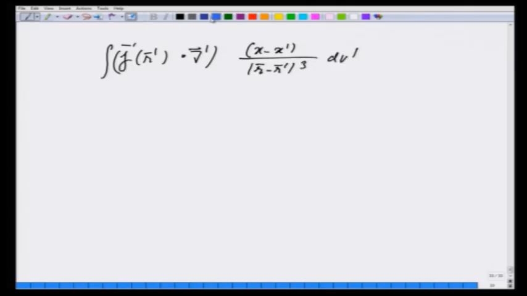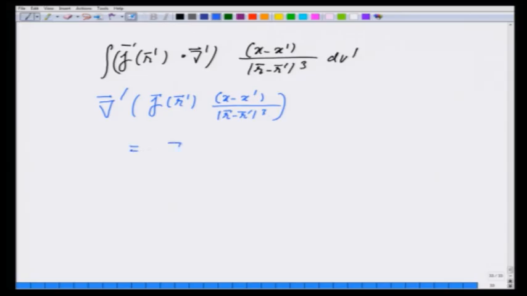Now, let us look at the divergence of this quantity with respect to del prime, j r prime x minus x prime over r minus r prime cubed.